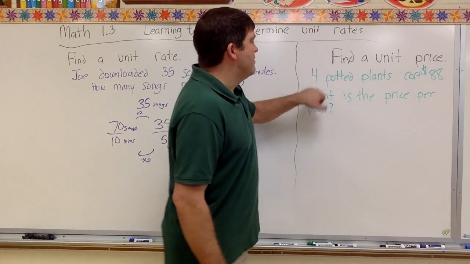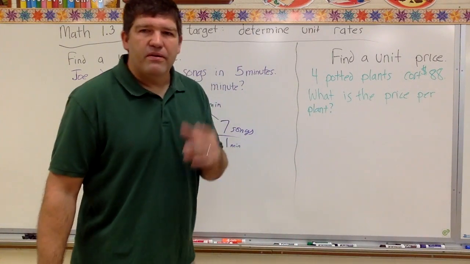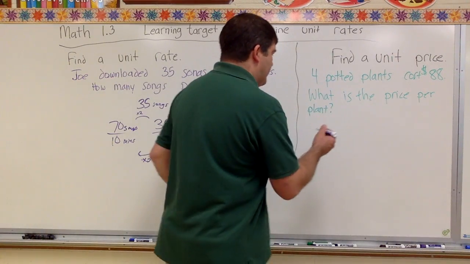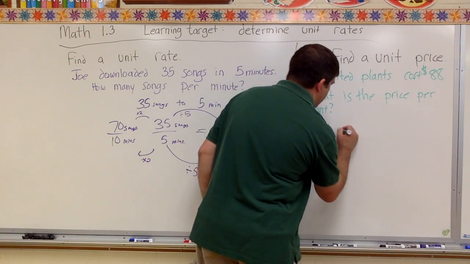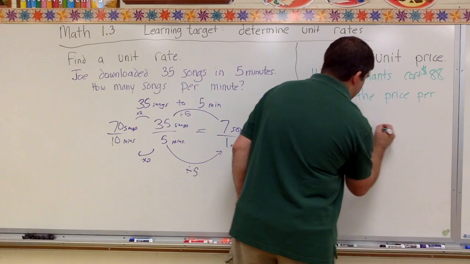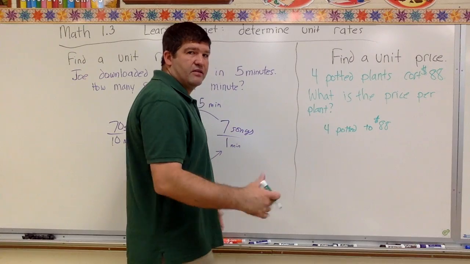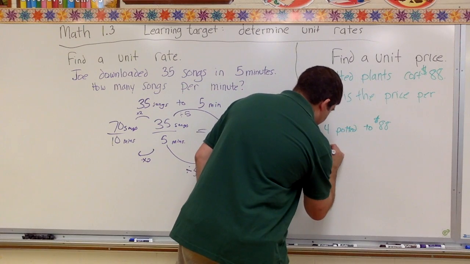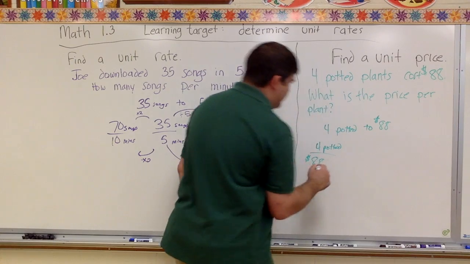Okay, so there's 4 potted plants that cost $88. I want to know, what's the unit price per plant? Okay, so what is the price per plant? Well, 4 potted plants to $88. So for every 4, it's going to cost me $88. 4 potted plants equals $88.